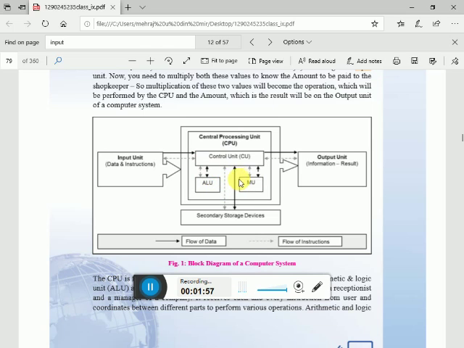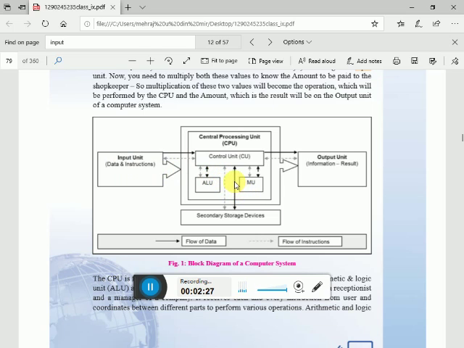After that is the memory unit. This unit stores information temporarily or permanently according to our need. And then the data which is entered by a user through the input device, whether we instruct a computer or enter data through the input device into the computer, goes into the central processing unit, which has three main parts, three units: control unit, arithmetic logical unit, and memory unit.